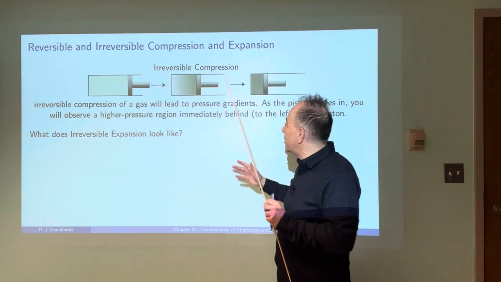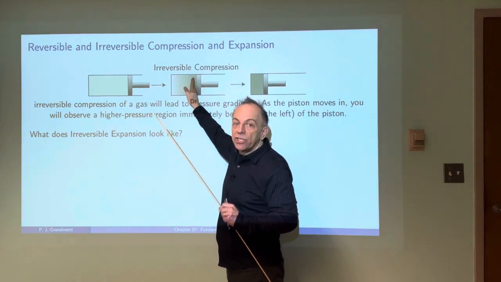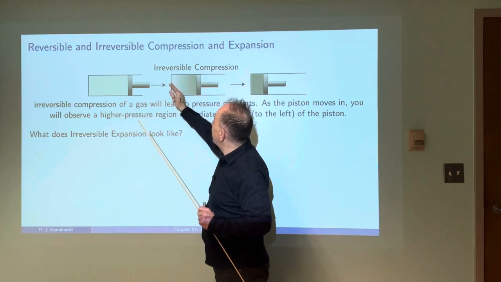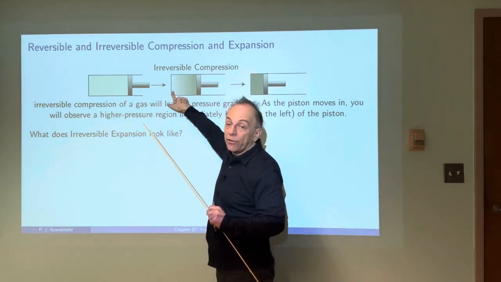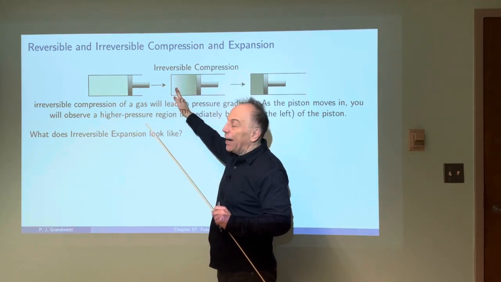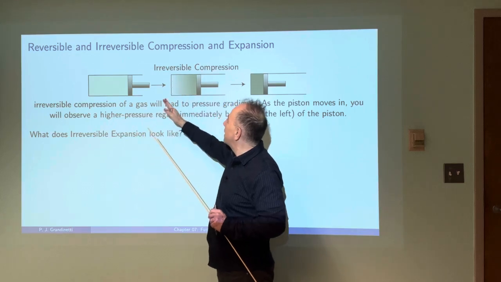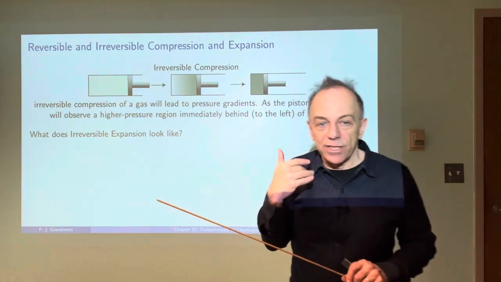As I push the piston in, there'll be a higher density just behind the piston face, but lower density over here, furthest from the piston. This will eventually equilibrate, on a time scale on the order of the speed of sound in there.